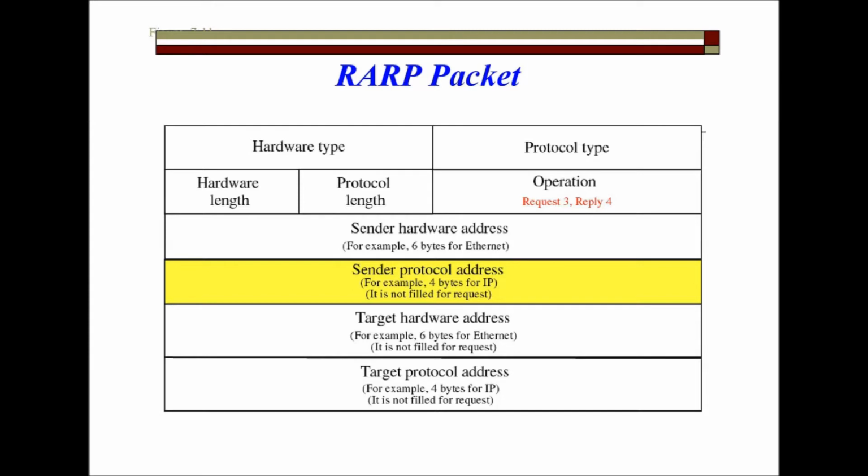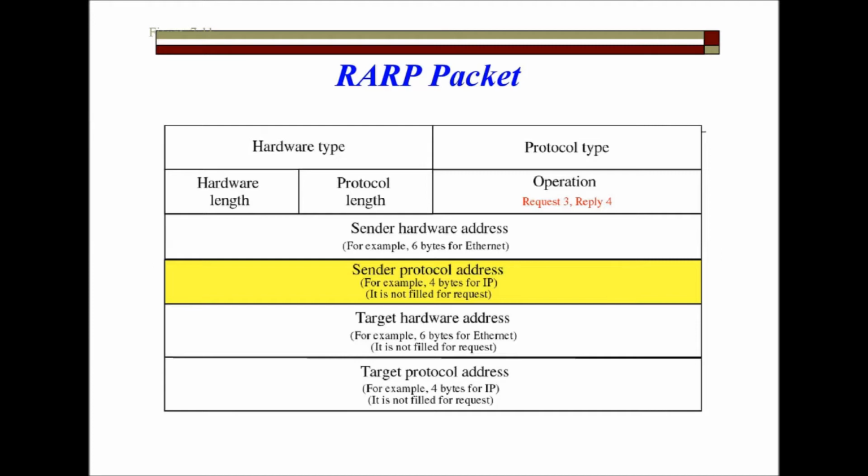Next is PLEN, which is protocol length, an 8-bit field defining the length of the logical address. IP version 4 has the value 4 because we are going to use the logical address, which is the IP address, and currently IP version 4 is being used. That's why the value of this field will be 4.